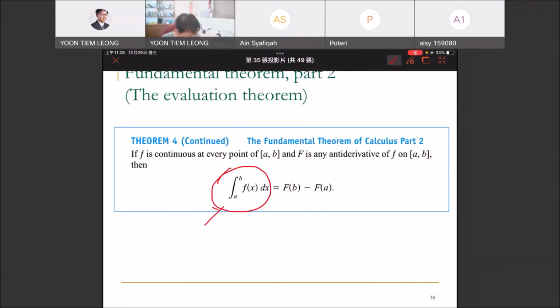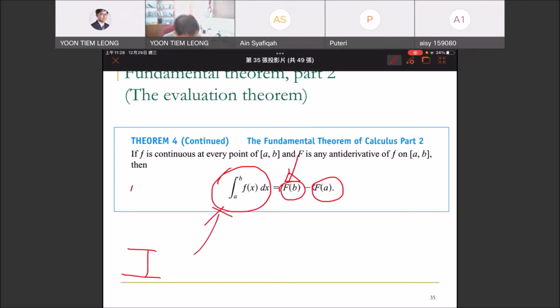That represents a definite integral, which gives you a value that represents the Riemann sum of the function. And its value is simply equal to the antiderivative evaluated at the upper limit minus the antiderivative evaluated at the lower limit.